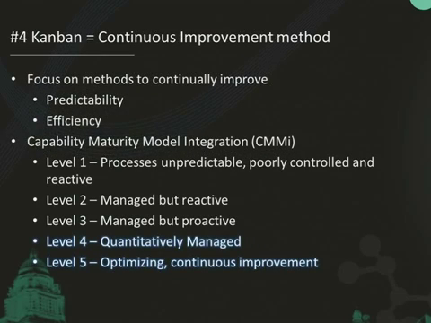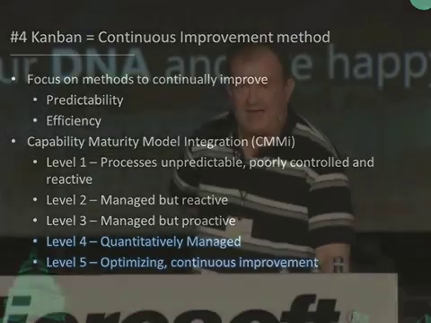So the fourth type of Kanban is the one from David Anderson. He wrote a book in 2005 called Agile Management, and he's just released another book called Kanban, late last year or earlier this year. He's taking that philosophy, those 3 principles, a step further, and it really aligns with the CMMI.